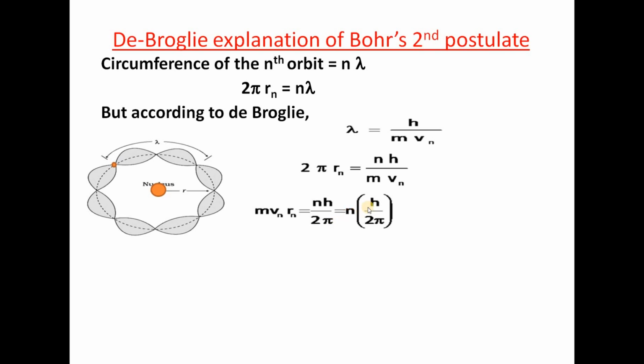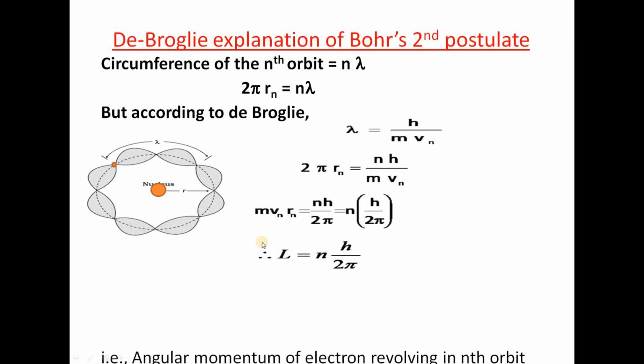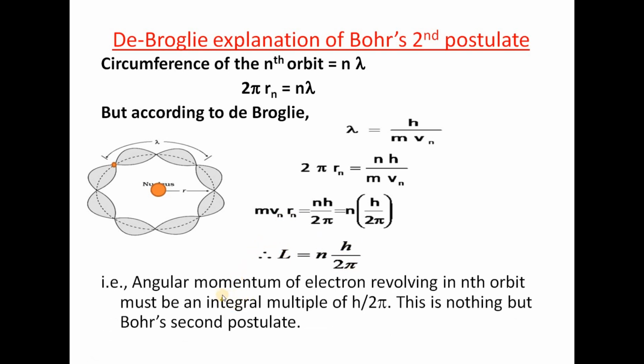This is nothing but L, the angular momentum of the revolving electron. As we know, L is equal to m into V into R. So L is equal to nh by 2 pi. This is nothing but Bohr's second postulate, that is, the angular momentum of the electron revolving in the nth orbit must be an integral multiple of h by 2 pi.